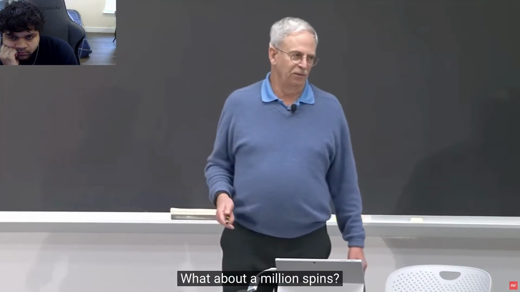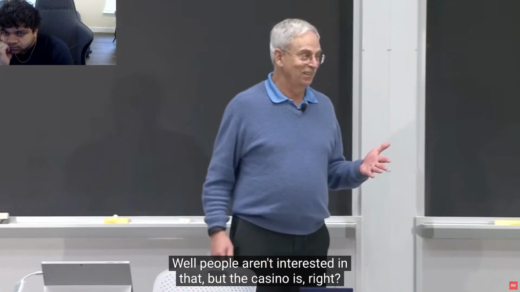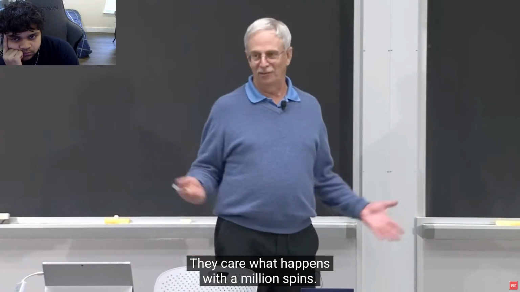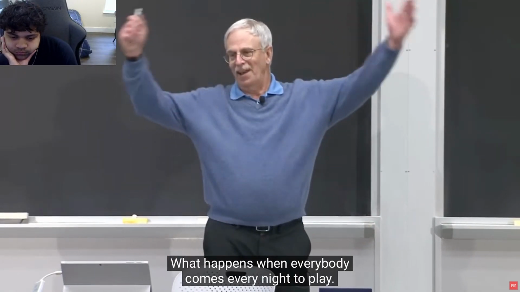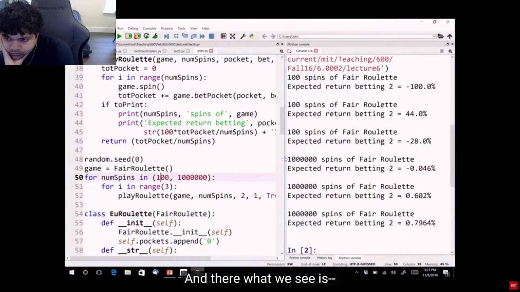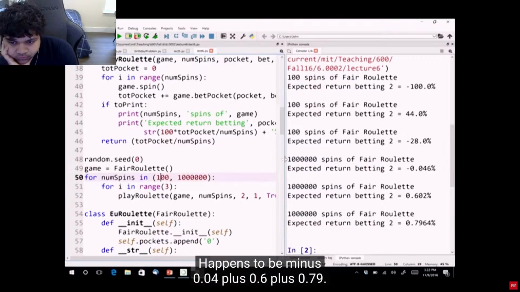What about 1,000,000 spins? Well, people aren't interested in that, but the casino is, right? They don't really care what happens with 100 spins. They care what happens with 1,000,000 spins. What happens when everybody comes every night to play. And there what we see is, you'll notice, much less variance. Happens to be minus 0.04, plus 0.6, plus 0.79.